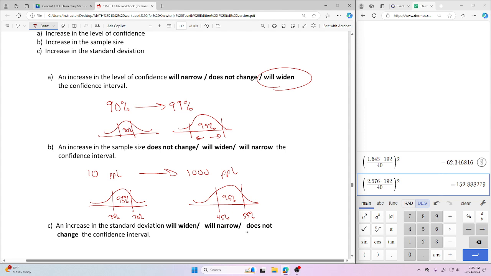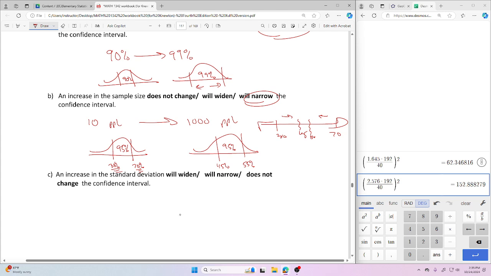So does it narrow, not change, or widen? I'm actually talking about these numbers right here. If you did a number line and I had 30 and 70, but now I've got 45 and 55, what happened to those two? It got more narrow, right? I know. I'm trying to be a good teacher once in a while.